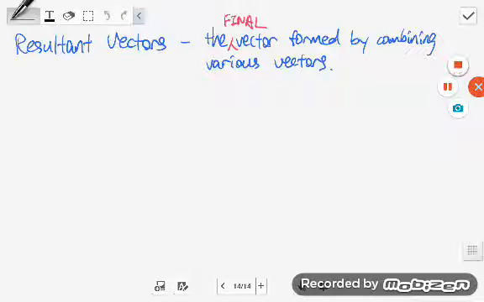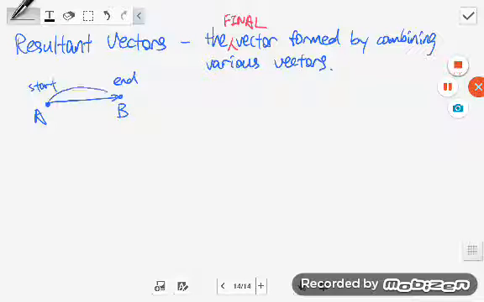Okay, so remember that when we first talked about vectors, I mentioned to you guys that vectors only care about where I'm starting and where I end at, right?